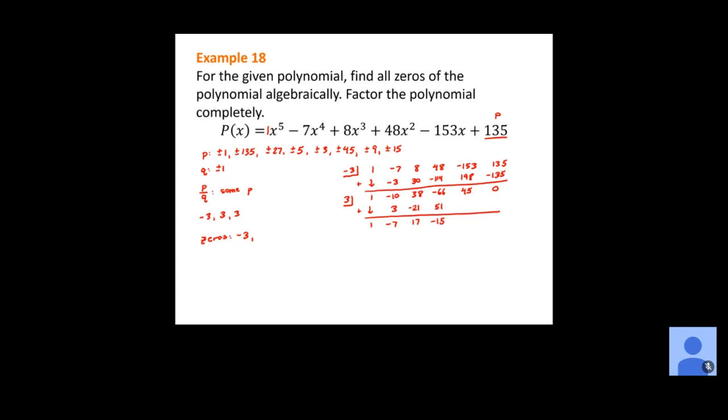And then -15 times 3 is -45. Remainder is 0. So 3 is one of our zeros.